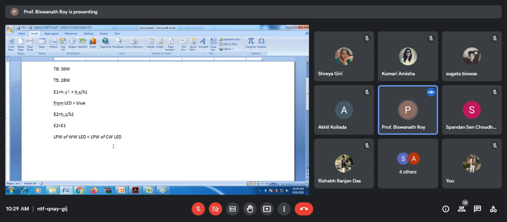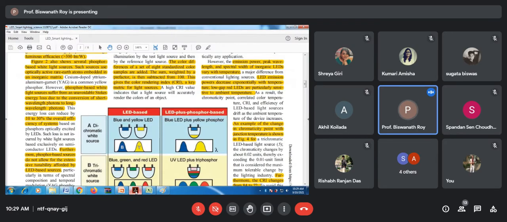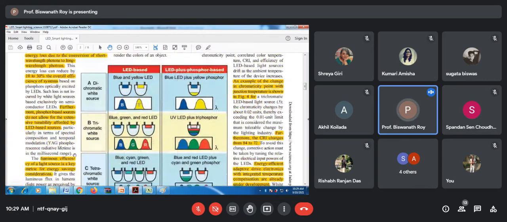There are so many people who never prefer the cool white, but the lighting industry is deliberately manufacturing the cool white LED because the lumen per watt is more, and this helps to convince people that you are getting more light from the same wattage, same electrical energy.